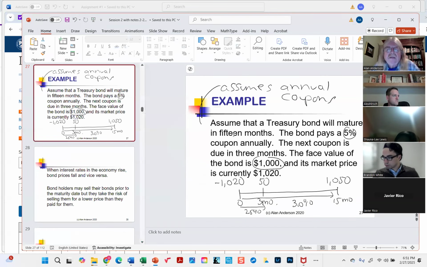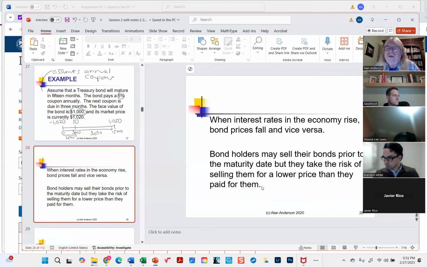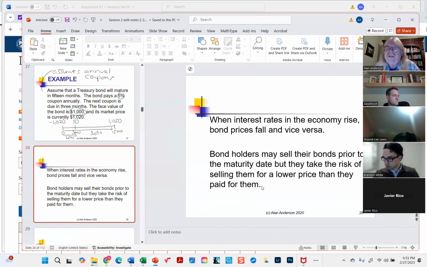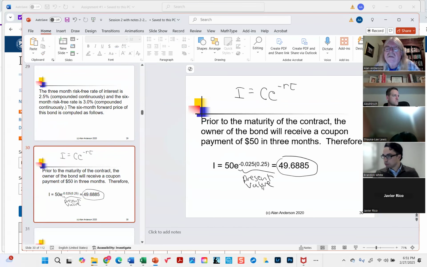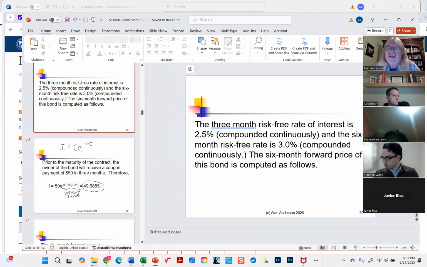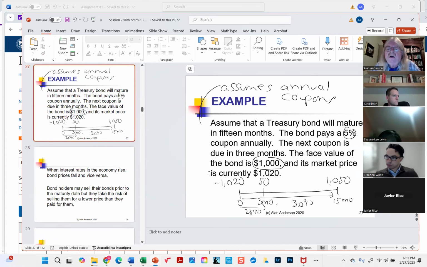Okay. All right. Anyway, so the long and short of this is that during the next, let's see. Oh, okay. This is a 6-month forward contract. So in the next 6 months, today is 0, remember, the bond will pay 1 coupon. Okay.